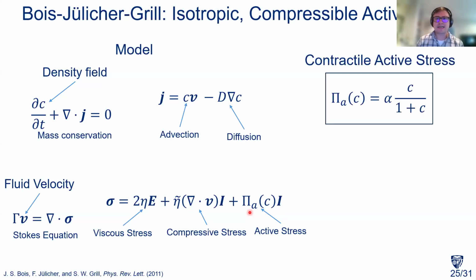You can think of this active stress as a contractile active stress, in the sense that all of the particles in the fluid are pulling on each other. The higher density region is going to win out on average, and so the active force is going to point towards the higher density region. That's what this is essentially modeling.